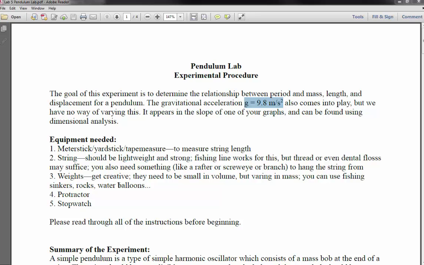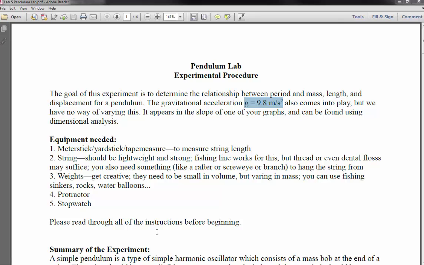In fact, a water balloon would work very nicely as long as you know how much water you've added to it by mass. You're going to want a protractor, and you're going to want a stopwatch of some sort. Obviously, you can use your cell phone for that if you don't have a stopwatch otherwise at hand.